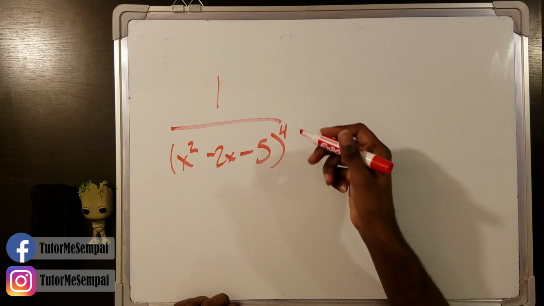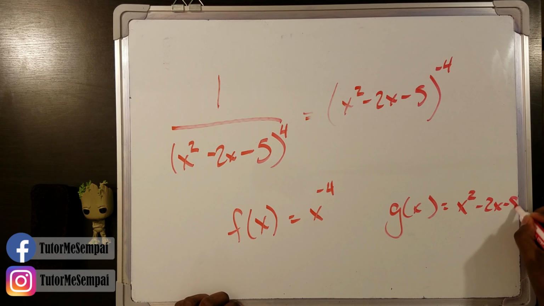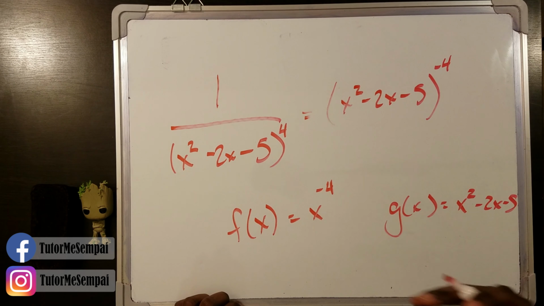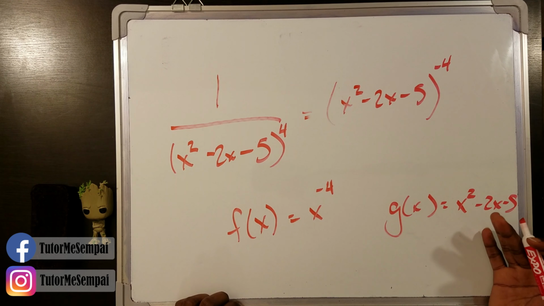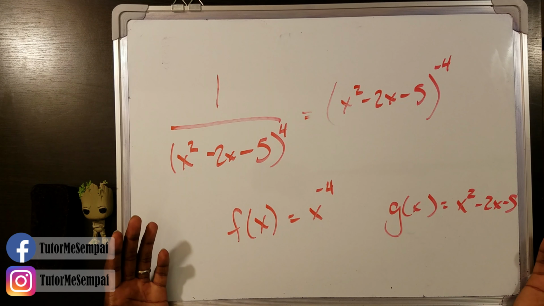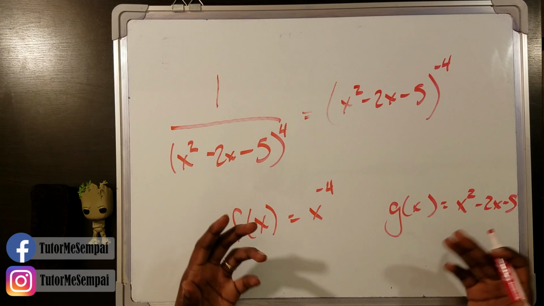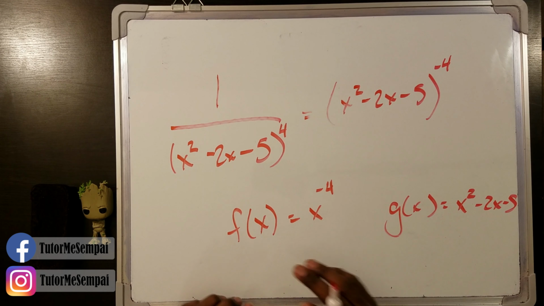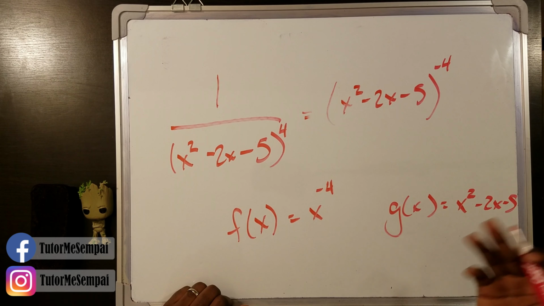This would be the function f of x, g of x. f of x would be x to the negative 4, and g of x would be x squared minus 2x minus 5. And if you did that, then this would be a composite function of only 2 functions, instead of 3. It'll give you the same answer either way, but you have a little bit less work to do if you tweaked it a little bit before you actually did the math.